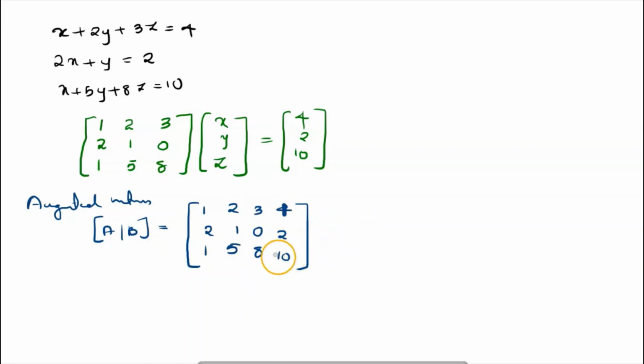Now we are using Gauss-Jordan method. Gauss-Jordan method means we can reduce this matrix to RREF, row reduced echelon form, so that we get a solution, or we can simply use Gauss elimination method. That means simply reduce the matrix to REF, row echelon form, and solve the system.